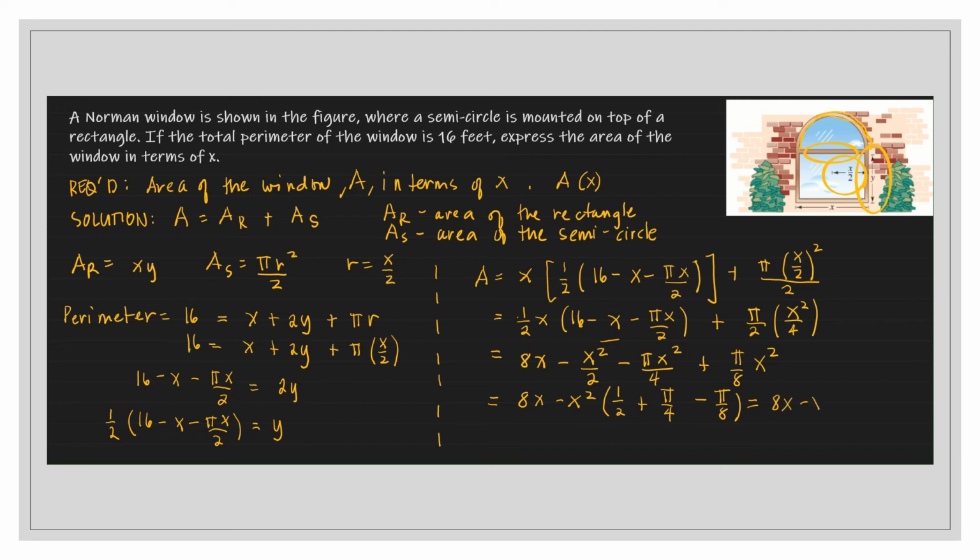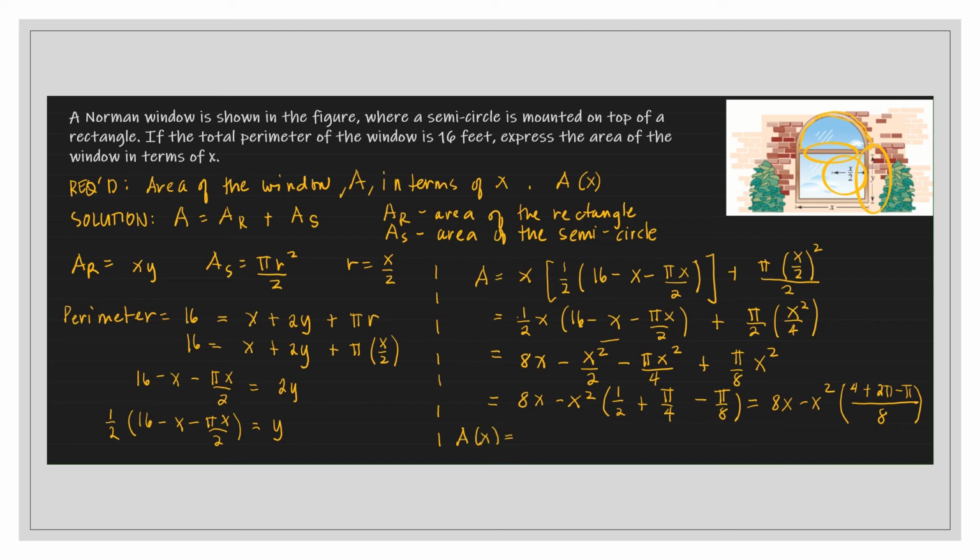So 1/2 plus pi over 4 minus pi over 8, we can combine that. The LCD will be 8. So we get 4 plus 2 pi minus pi.